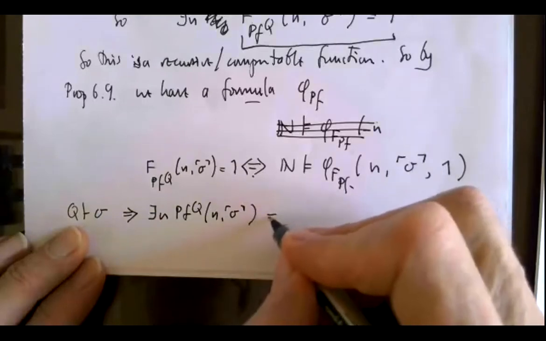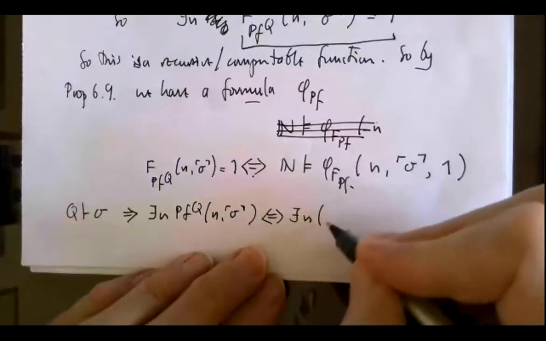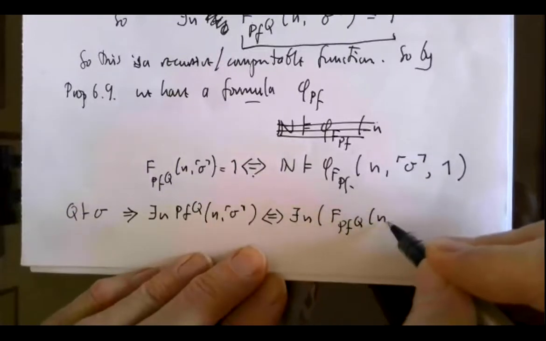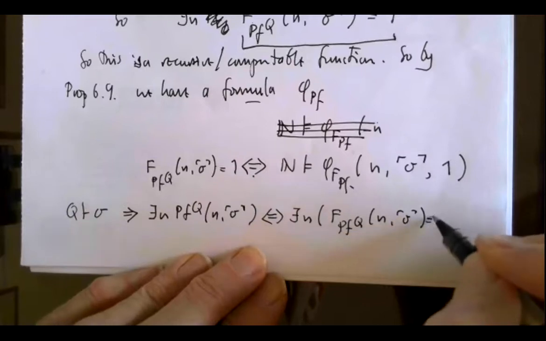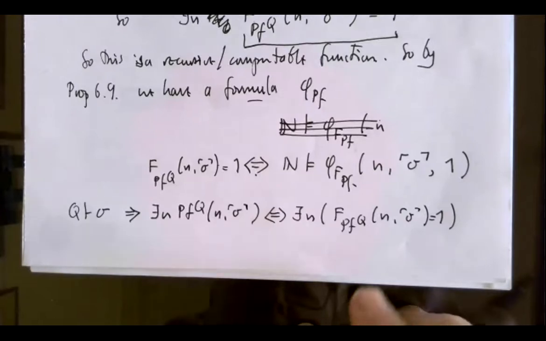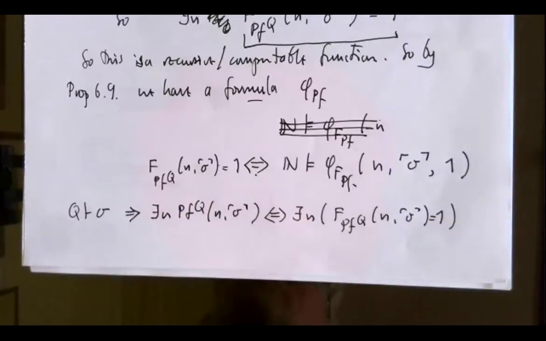And this will happen if and only if there is an n such that this is 1. So then this will give us this left-hand thing here.